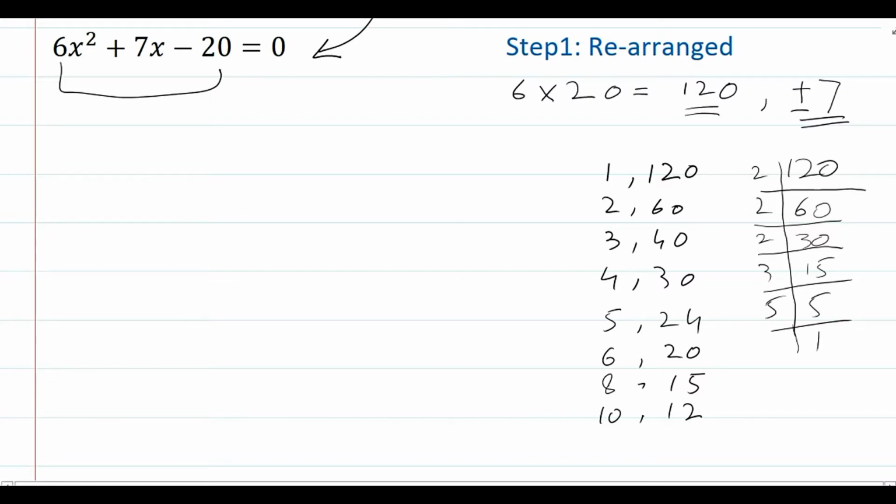And from all this you can make a table like this one. This way you can get factors.